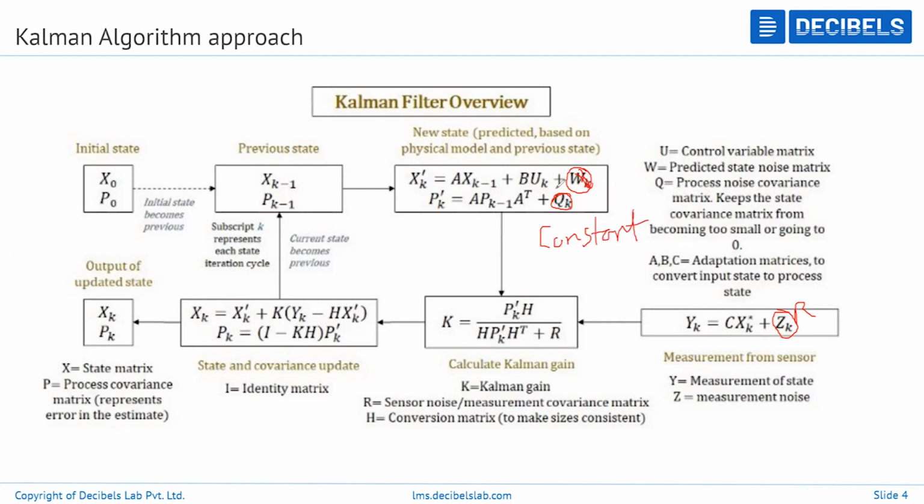Over the period, your predicted or updated value comes near to your true value. Let's assume this is the true value that I am drawing here, and this will be my updated value. Over the period, it will come near to the true value, but we still see some gap between them.